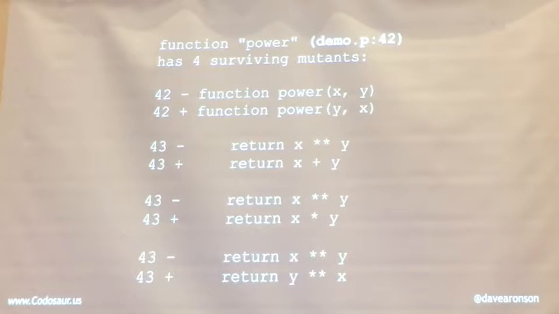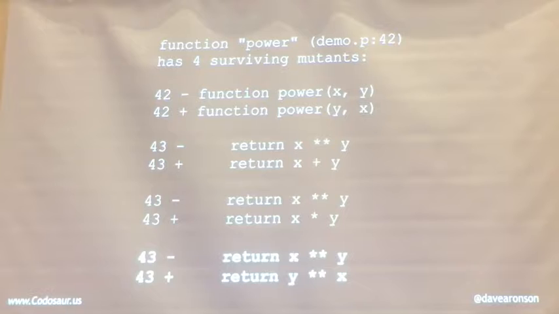And if we modified it in any of 4 particular ways, then it would still survive our entire unit test suite. And it goes on to say that those 4 ways are, firstly, to modify line 42 to swap the arguments, or to change line 43 to change the exponentiation to addition or multiplication, or to change line 43 to swap the operands.